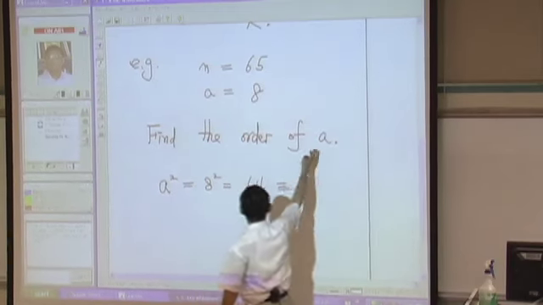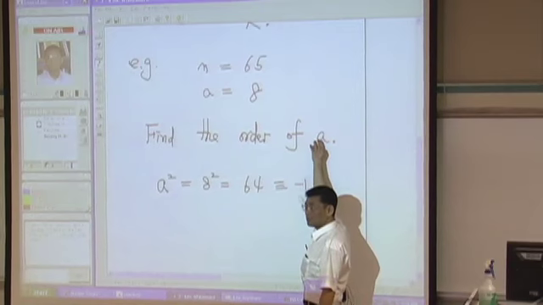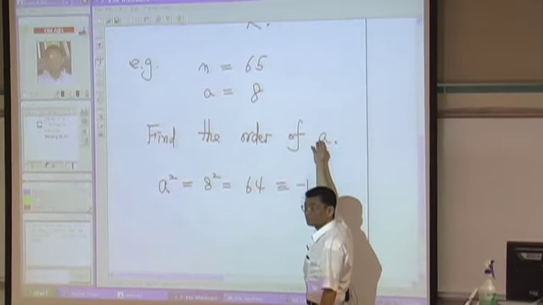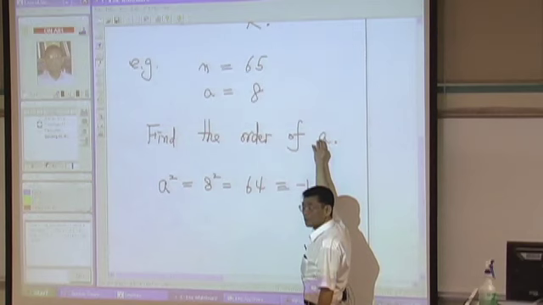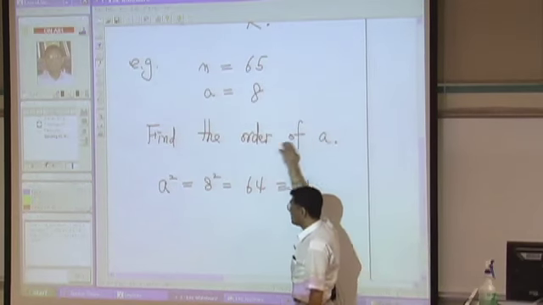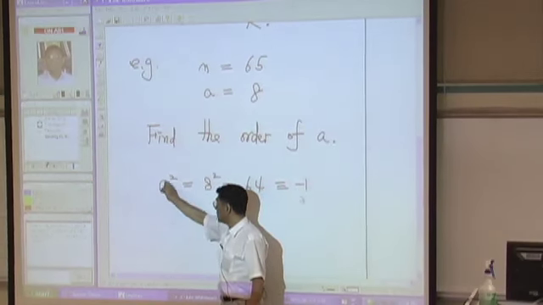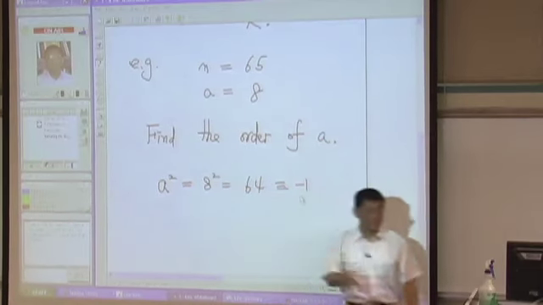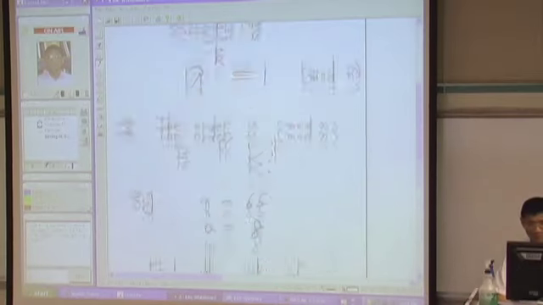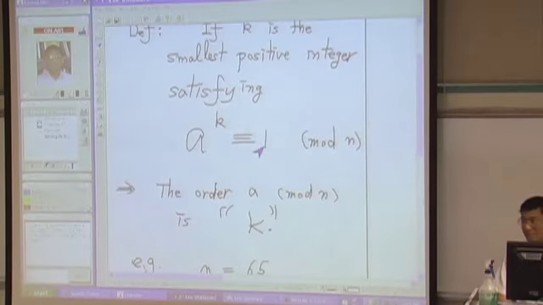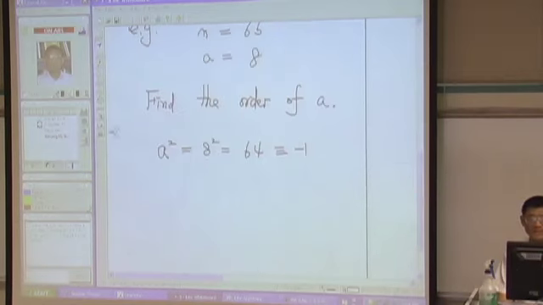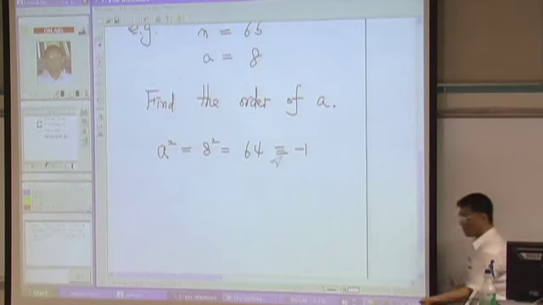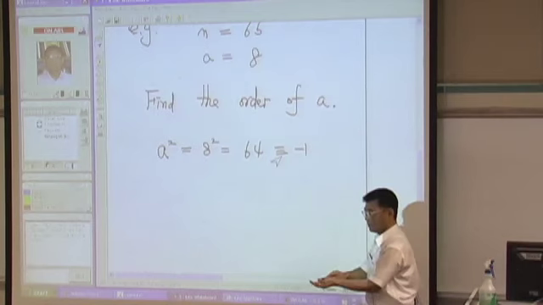Order of 8 is not 2, because 8 squared is not 1. By condition, it should be congruent to 1, but it is not 1. So, as you can see, the order is not 1 and not 2.